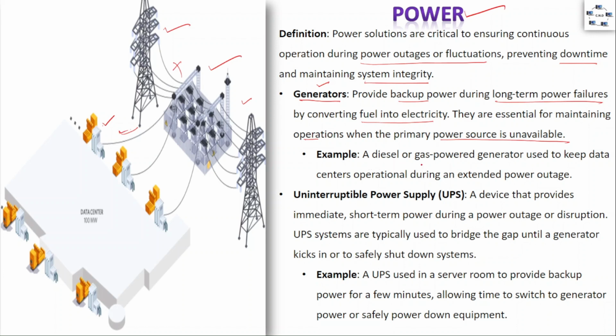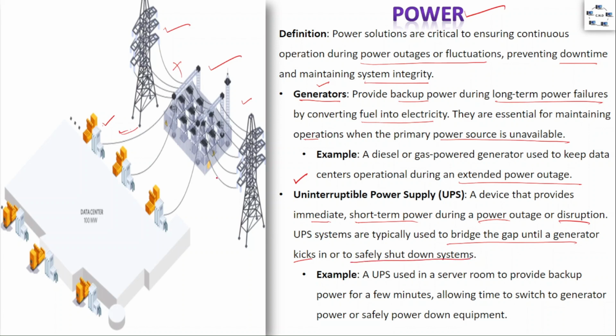Example is a diesel or gas powered generator used to keep data centers operational during an extended power outage. And another component is the UPS or uninterruptible power supply. It is a device that provides immediate short-term power during a power outage or disruption. UPS systems are typically used to bridge the gap until a generator kicks in or to safely shut down systems.